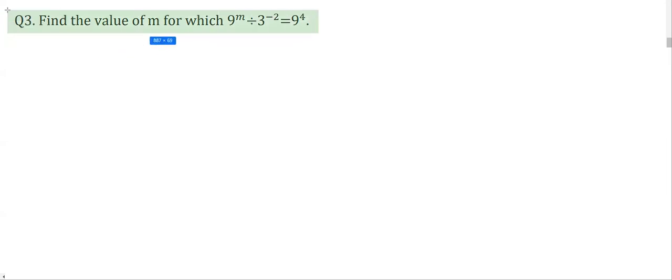In the third question, it says we have to find the value of m for which 9 raised to the power m divided by 3 raised to the power minus 2 is equal to 9 raised to the power 4. So the lowest prime number is 3 here, and we can write both 9s in terms of 3. Once again, 9 can be written as 3 raised to the power 2, that is 3 square.